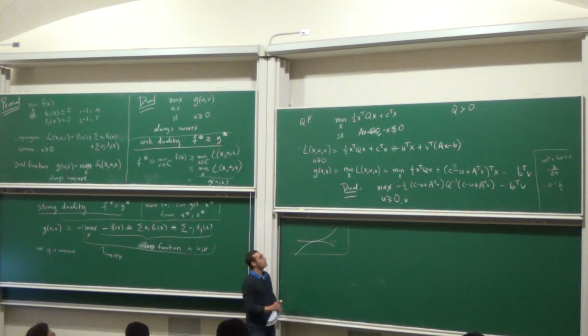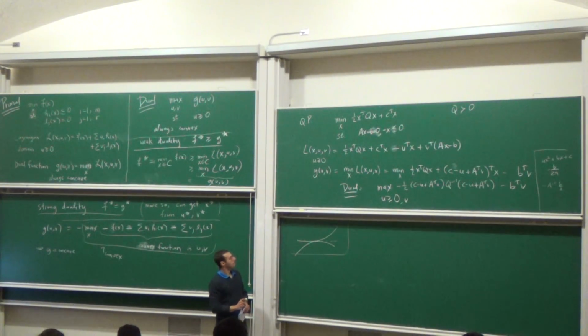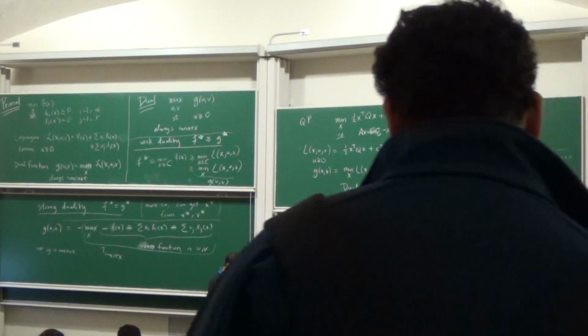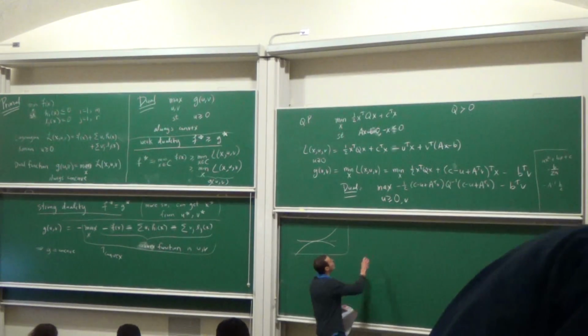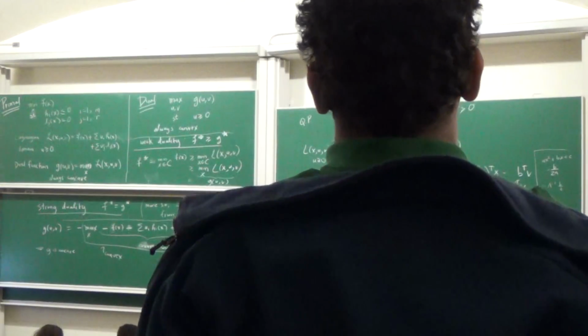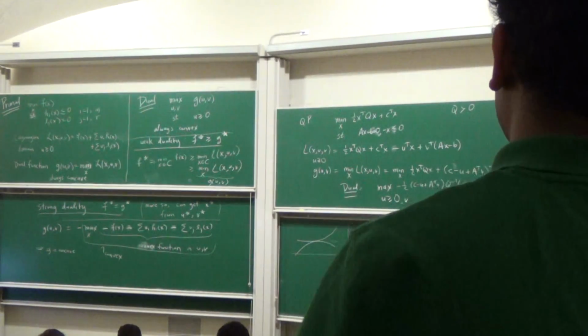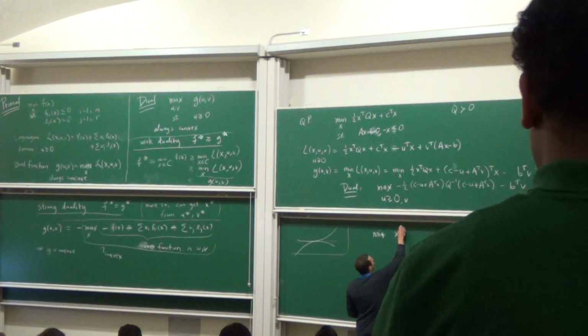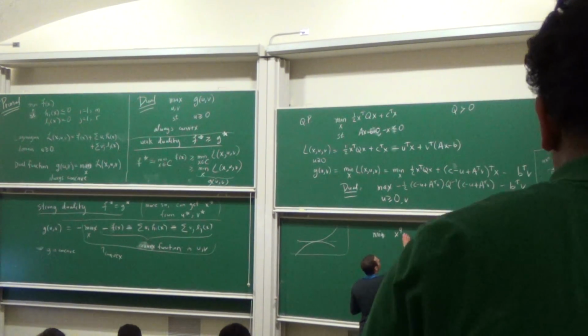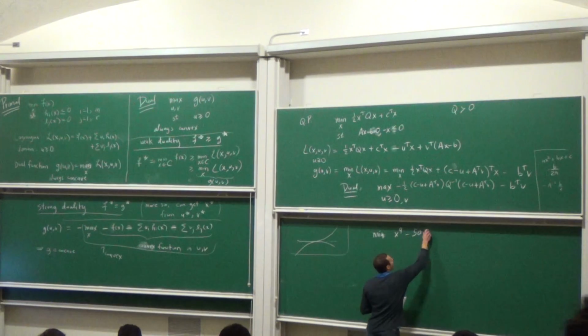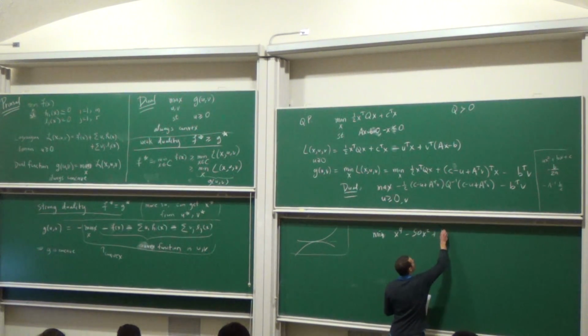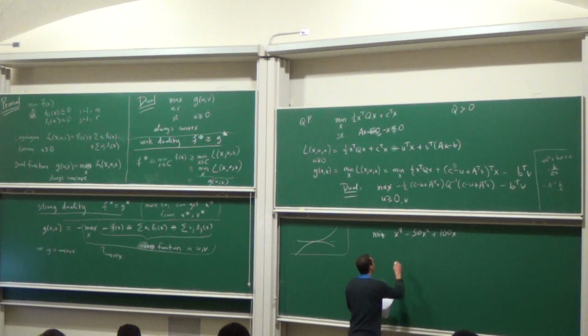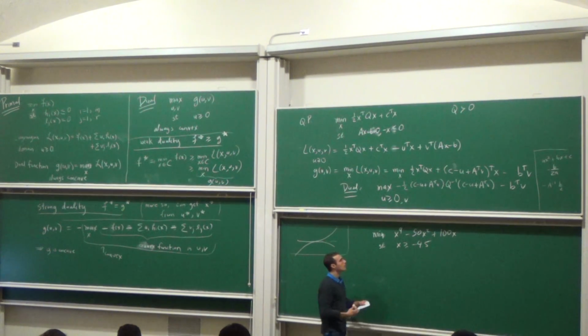Here's another example in which we don't get strong duality. This one is a one-dimensional minimization problem, subject to a constraint.